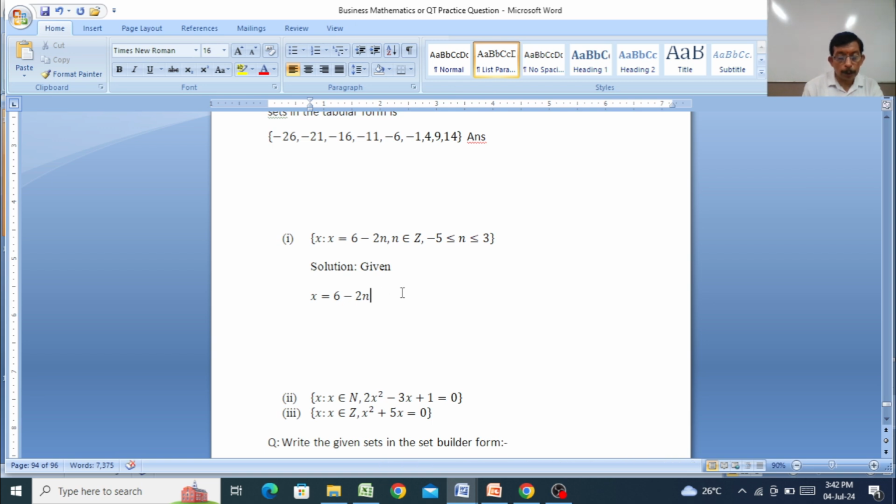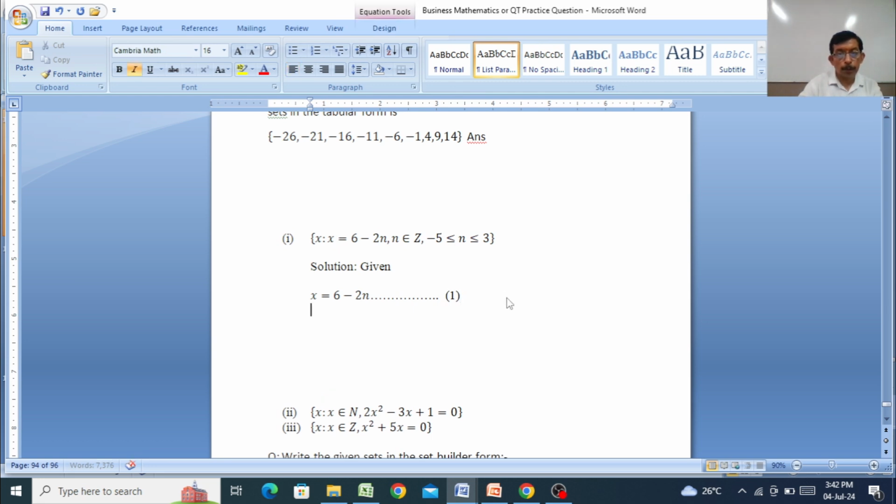This is equation 1. Taking equation 1, now put n is equal to minus 5, minus 4, minus 3, minus 2, minus 1, 0, 1, 2, 3.